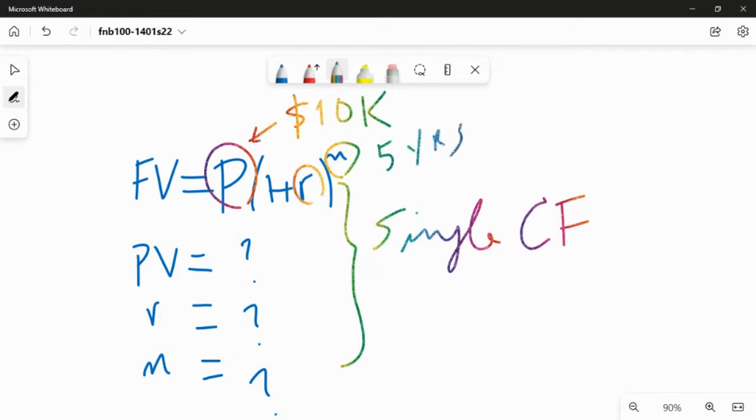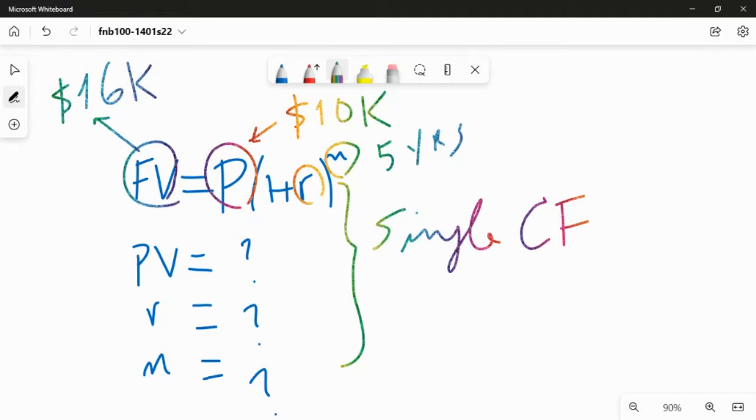The interest rate will take care of it, in other words. And at the end of year 5, then you get something like, let's say 16K. So that's a single cash inflow, isn't it? There was a single cash outflow 5 years ago, and now a single cash inflow. That's why it's called a single cash flow.